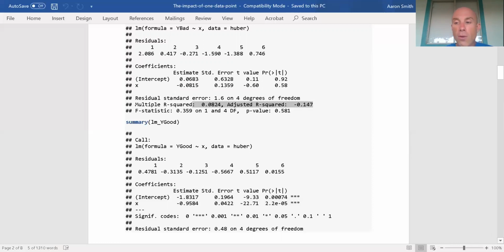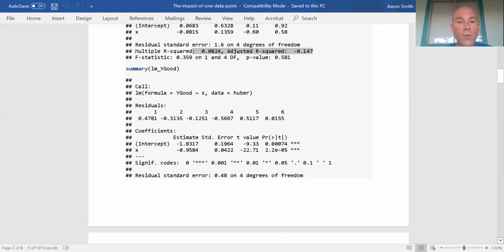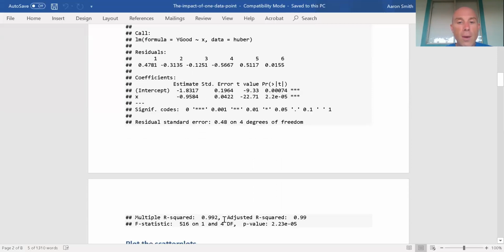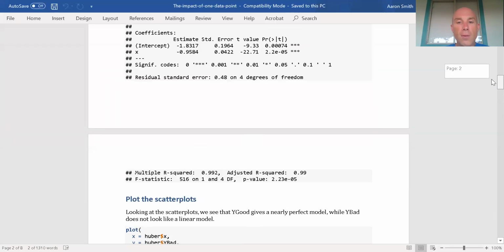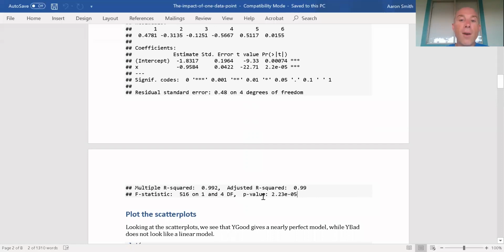If I look at the R squared down here, on the next page, it's 0.99. That's a pretty big difference. And here the p-value is not statistically significant for the F-test, while down here in the good version, that's very significant. So, a huge difference.